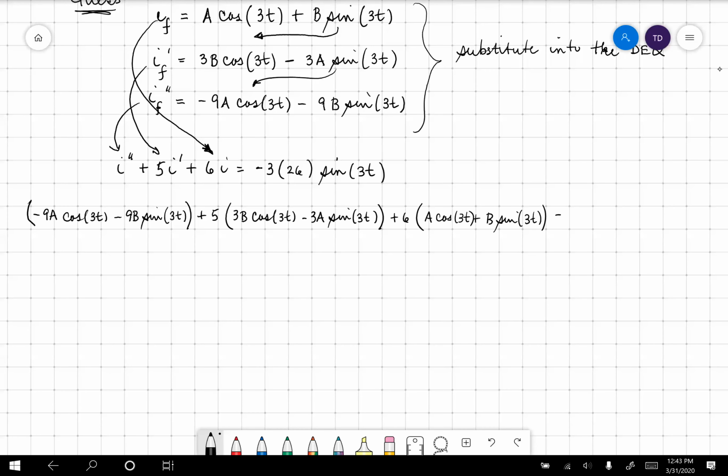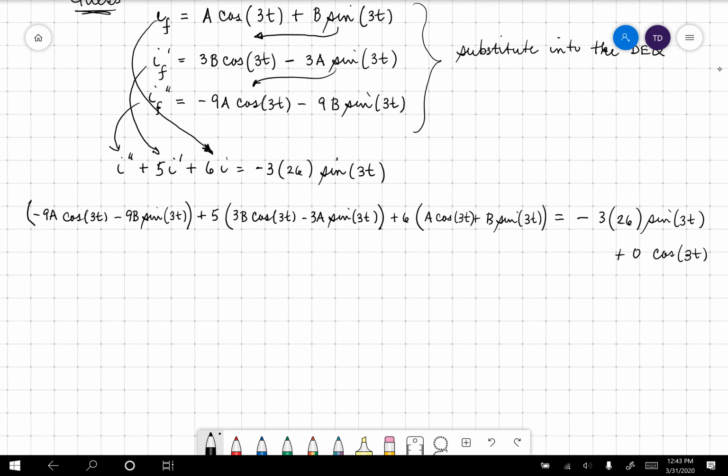And all of that is equal to minus 3 times 26 times sine of 3t. Notice over here, plus 0 times cosine of 3t. There's no term over there.